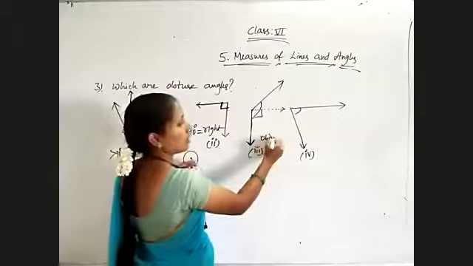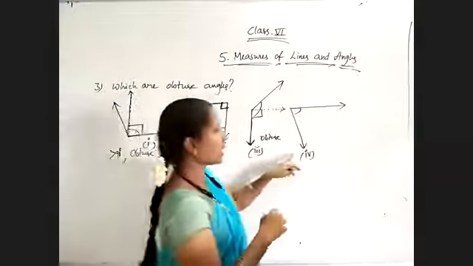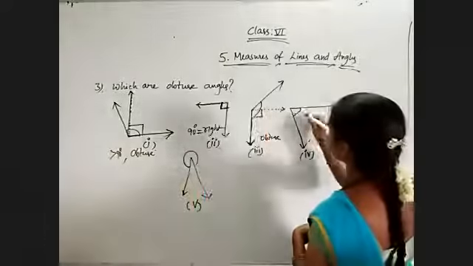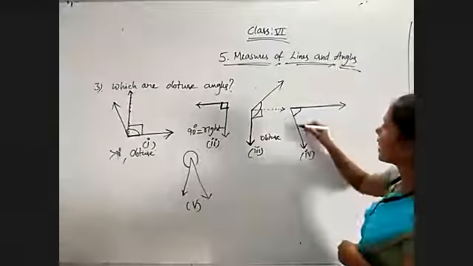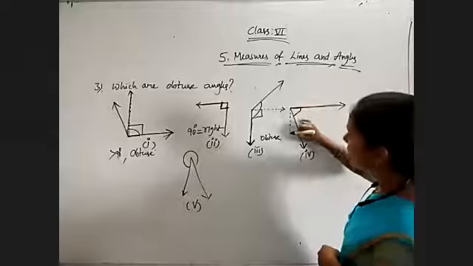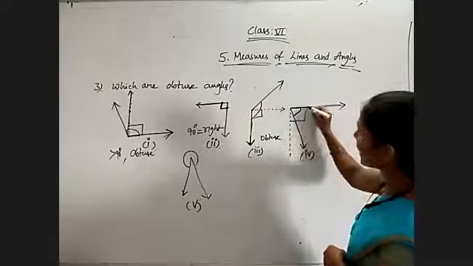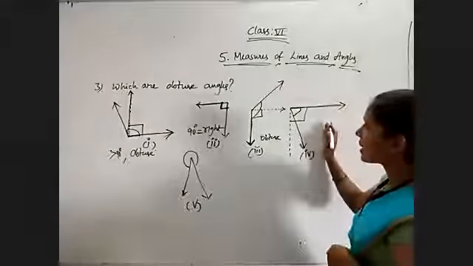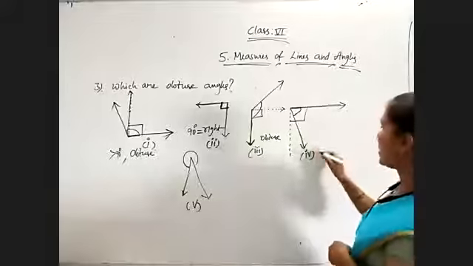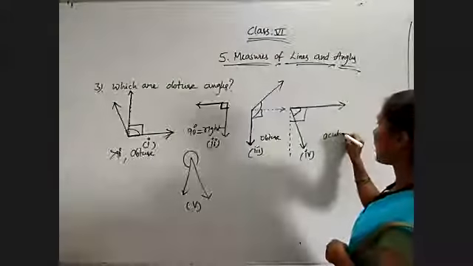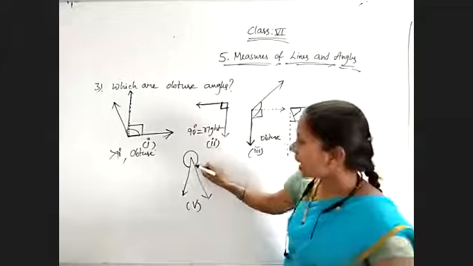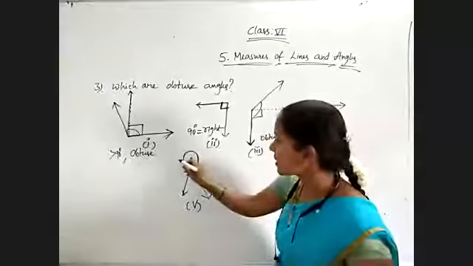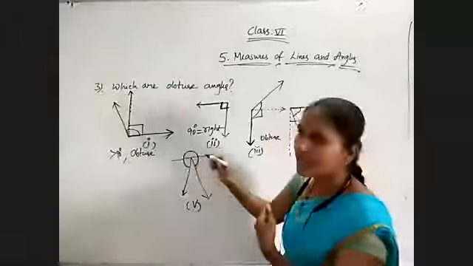And coming to the fourth question, select any one of the arms and try to construct 90 degrees for it. I am constructing 90 degrees, then I got it like this. The other arm is lesser than 90, that's why it is an acute angle. Coming to the last question, the angle shown on this side is very clearly more than 180 degrees.